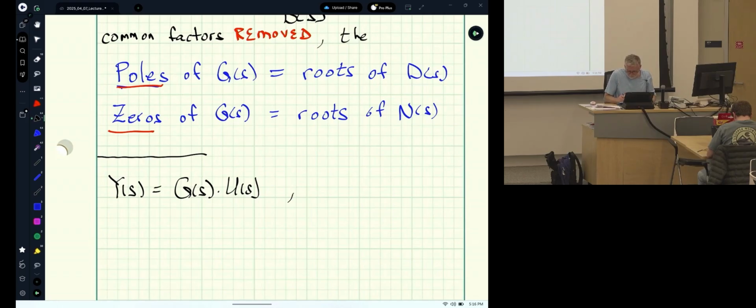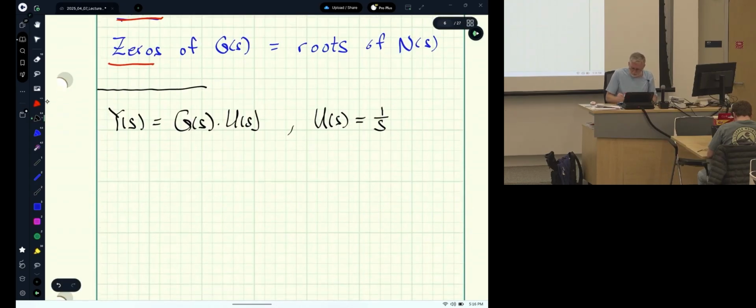Let's let U of s equal 1 over s. That's the same thing as u of t equals a unit step function.